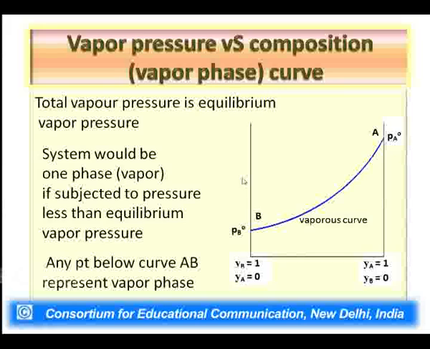You can see the two extreme points on the y axis, the vapor pressure of pure component B and pure component A. These are the same points as when you drew the total vapor pressure versus composition in liquid phase, but the curve over here is parabolic in nature.